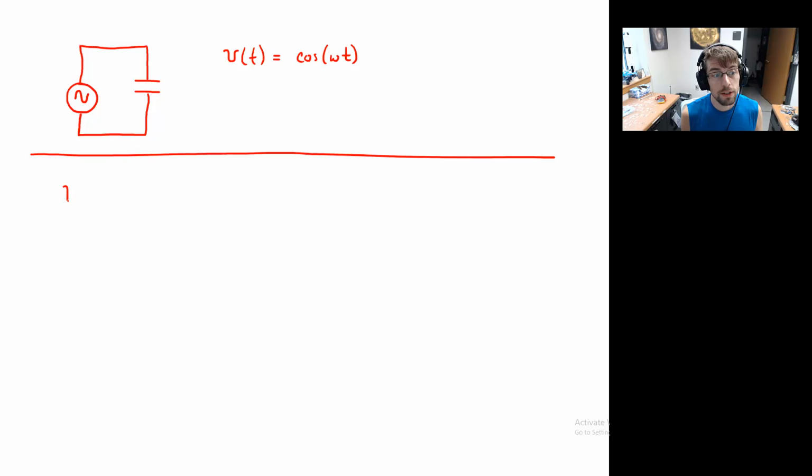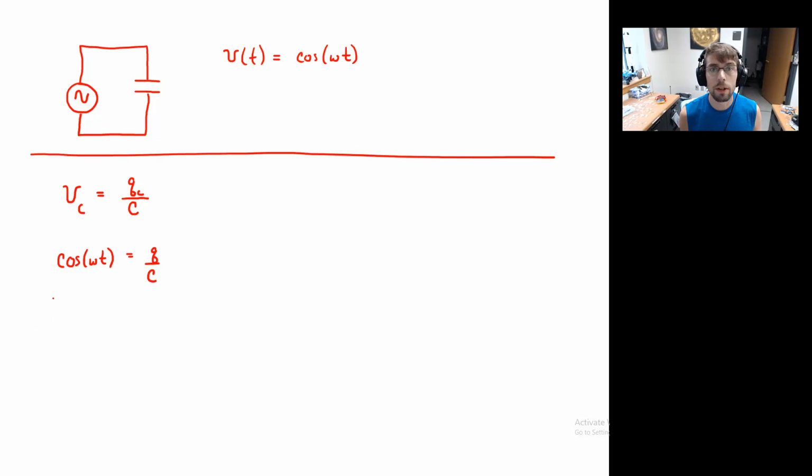We know that the potential drop of a capacitor is given by the charge on the capacitor divided by the capacitance. I don't think that's any surprise. So we could go ahead and throw this in. We get cosine of omega t is equal to Q over C.